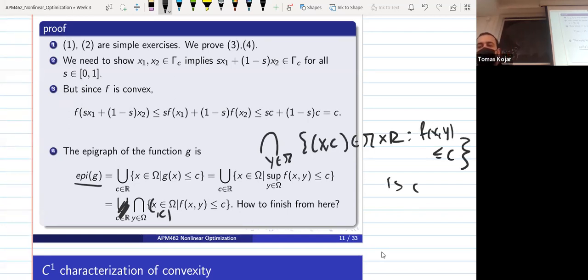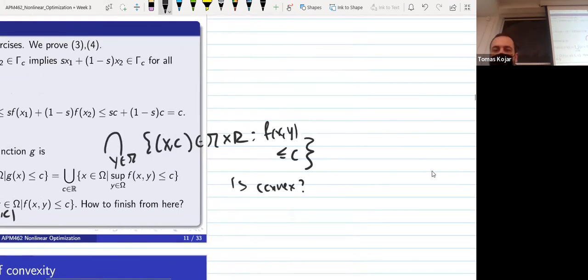Why is this convex? Again, let me write it in a more suggestive way. This is equal to the intersection over y in omega of the sublevel sets gamma c. So why is this convex?